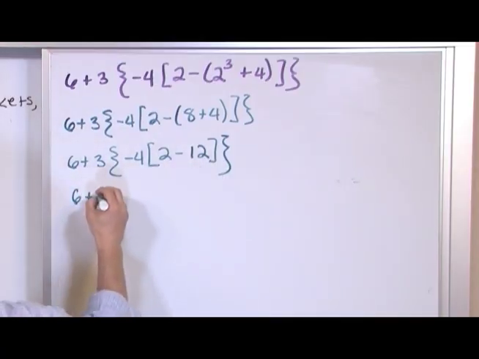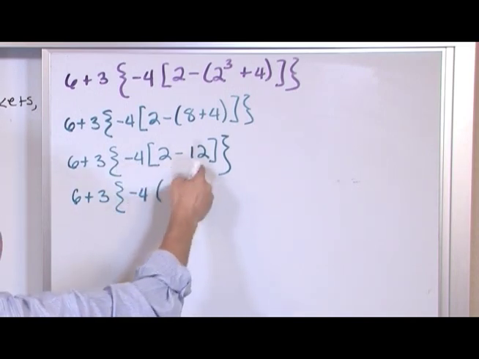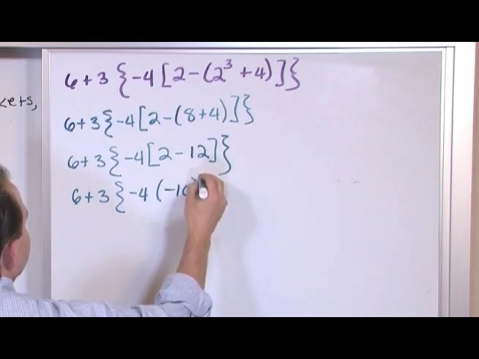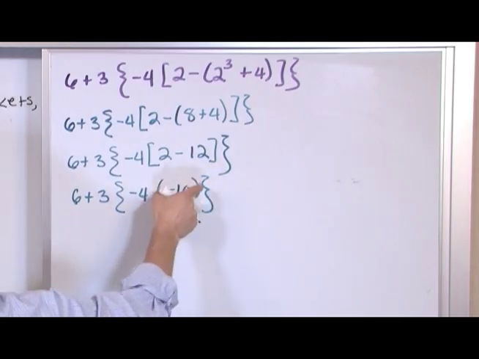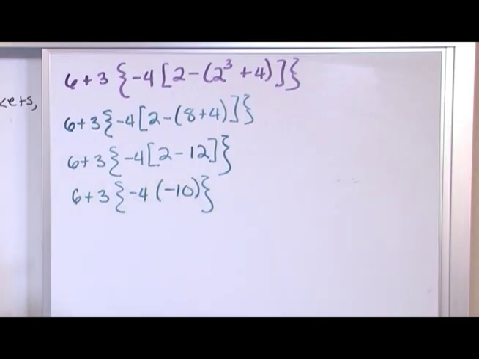So we have 6 plus 3, bracket, -4, and what we have in here is -10. I put the parentheses around it because it's a negative number, and if you left it out with the negative, it'll look like subtraction. So to keep it clear, I just keep it inside the parentheses. So I'm going to have -4 times -10.